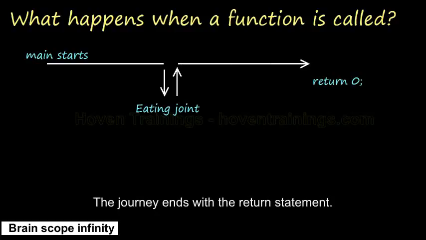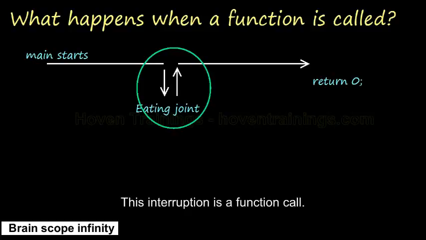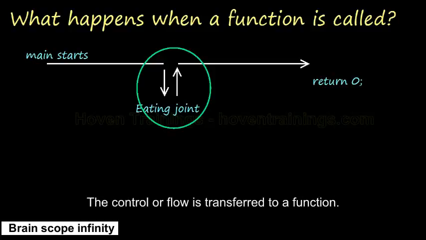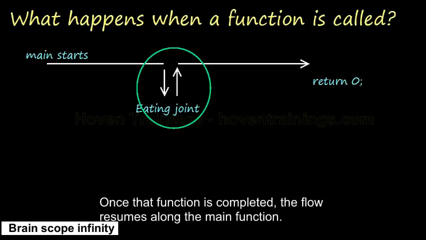The journey ends with the return statement. This interruption is a function call. The control or flow is transferred to a function. Once that function is completed, the flow resumes along the main function.